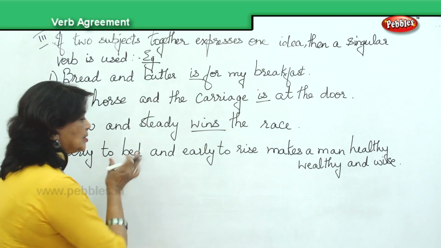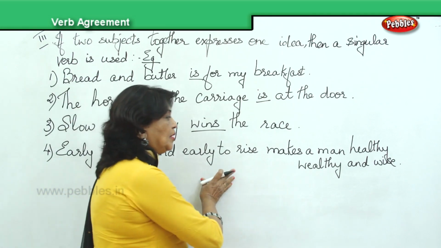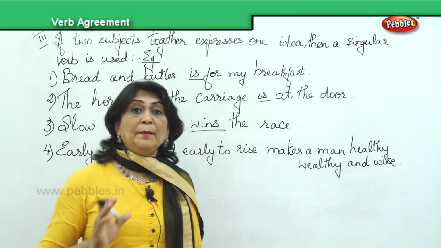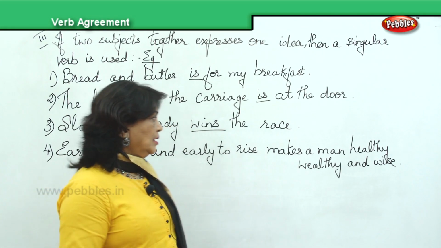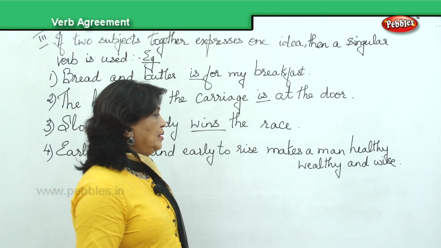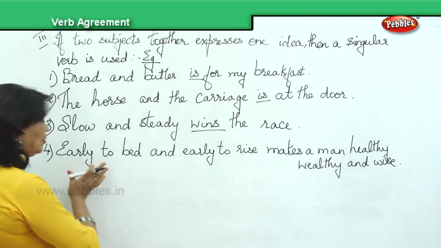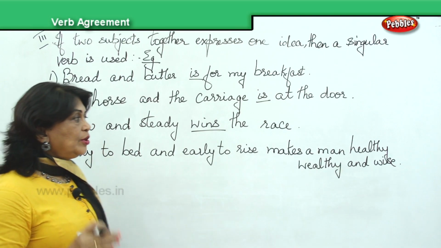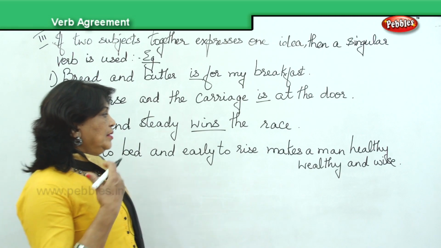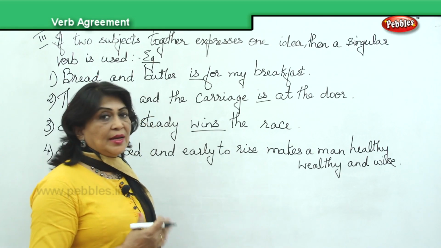Now early to bed is one entity, early to rise is another entity. It makes, I don't say make a man, isn't it? I say makes a man. So it is a singular verb. Now we are talking about the attitude of a person in waking up early and rising up early.